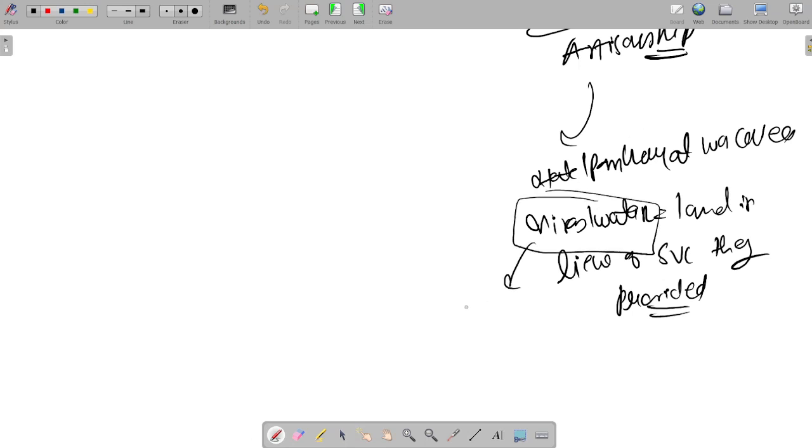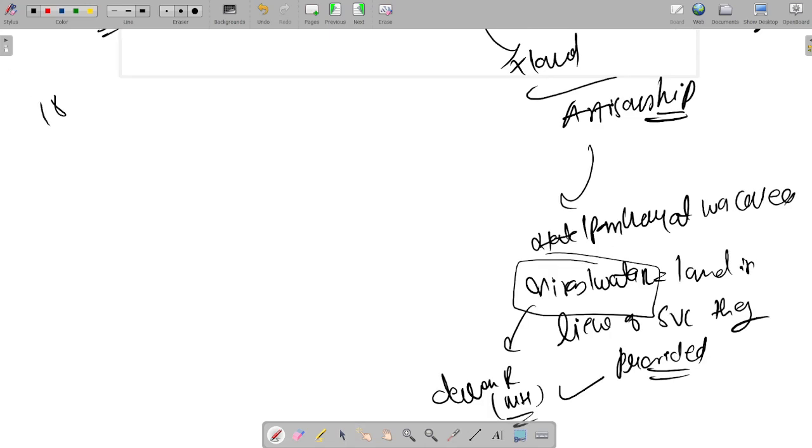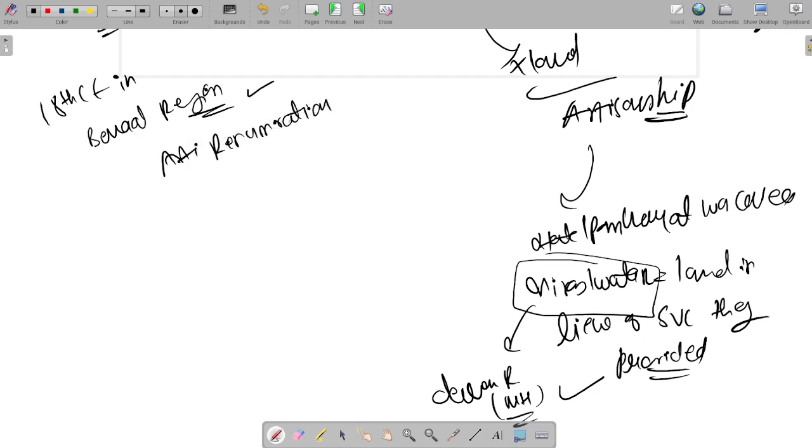This was particularly in Deccan region or Maharashtra to be specific. A similar culture also developed around 18th century CE in Bengal region, where artisans were given remuneration for their work, and this remuneration was called the Jajmani system.